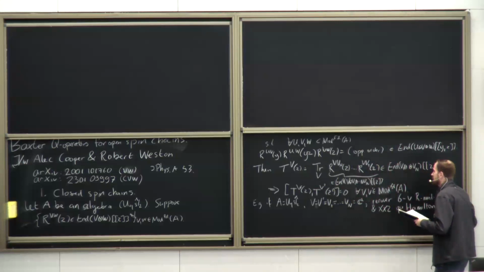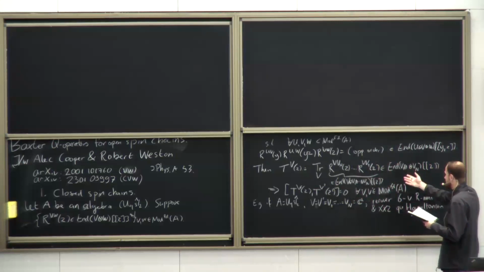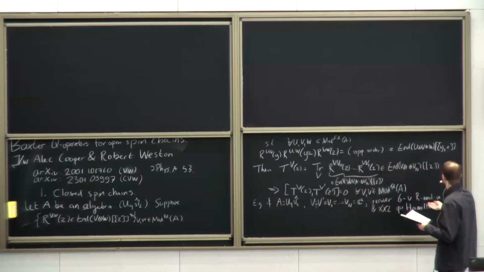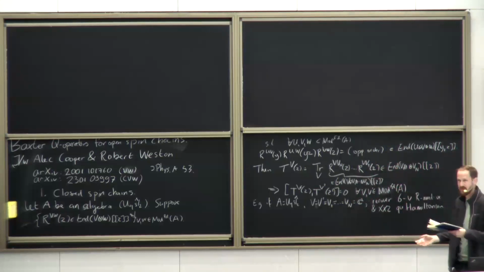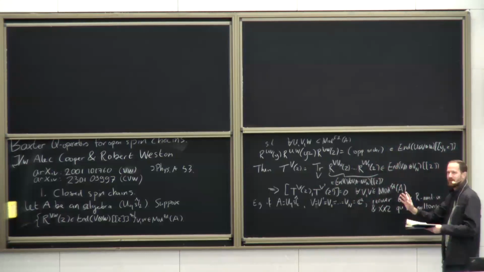Because this power series T_V(z) has coefficients that are mutually commuting operators, in this particular case you can identify one of these operators as this Hamiltonian, and so it embeds into a family of commuting operators.